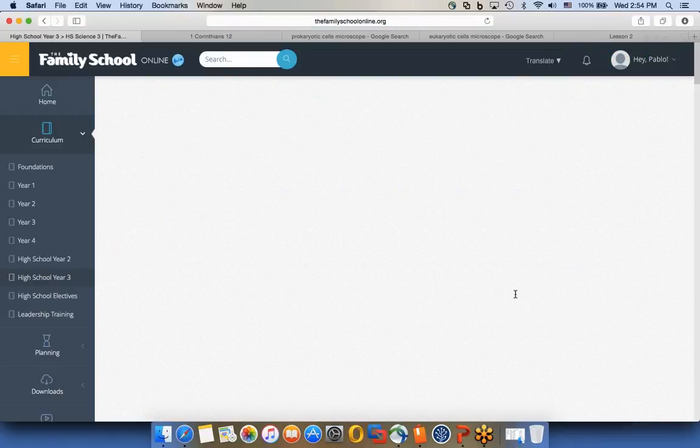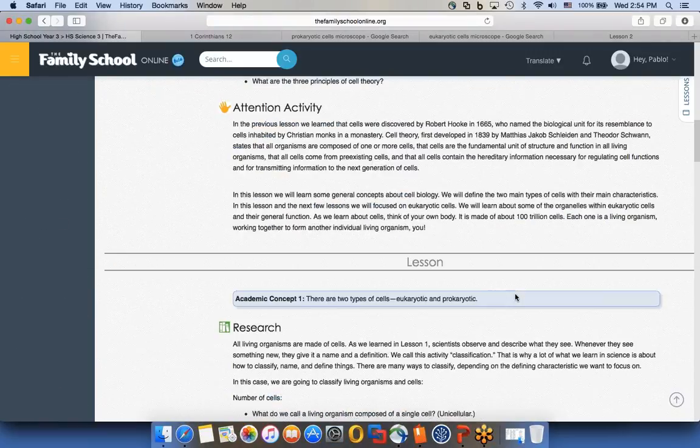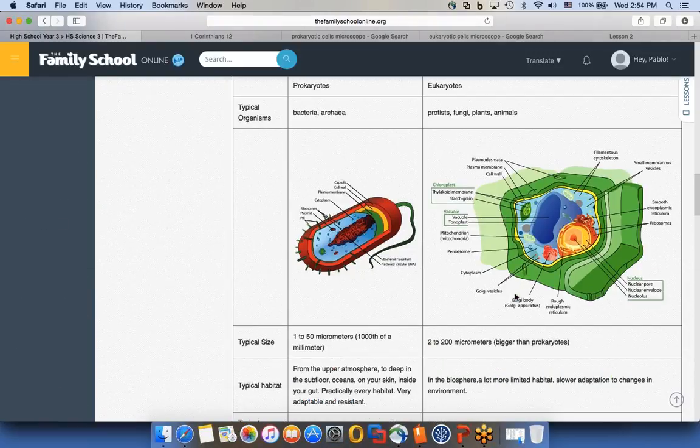I have a question. So a virus, what would that be considered as? Would that be considered a prokaryote or a eukaryote? Excellent question, James. Actually, I'm very glad that you asked. So the question is, what are viruses? Interestingly enough, we are going to learn about viruses, but viruses are neither, okay?